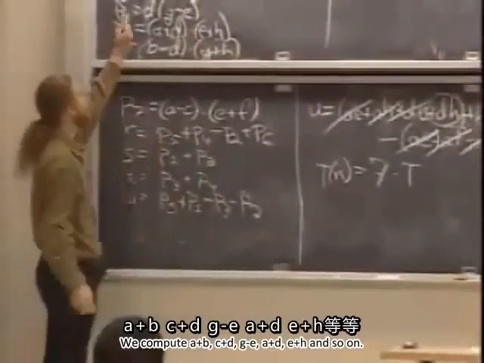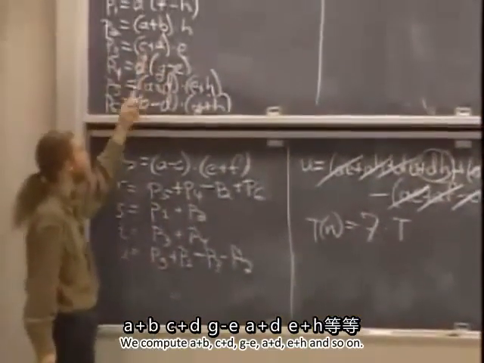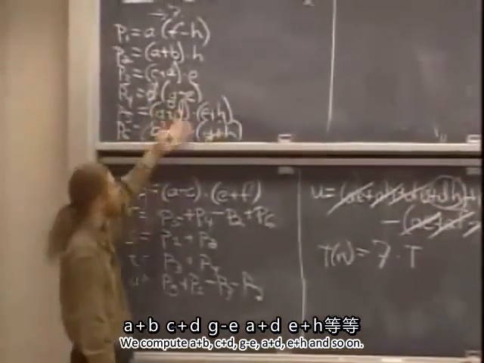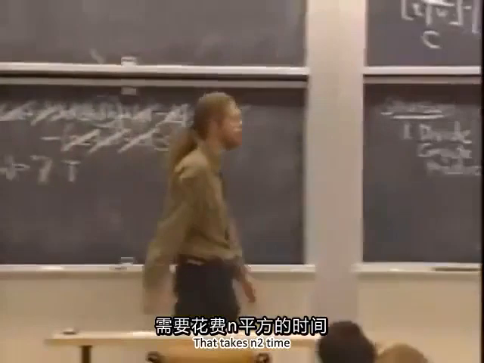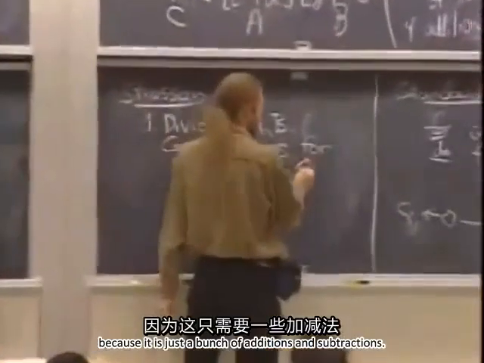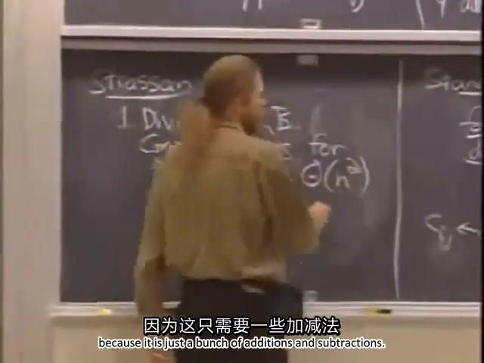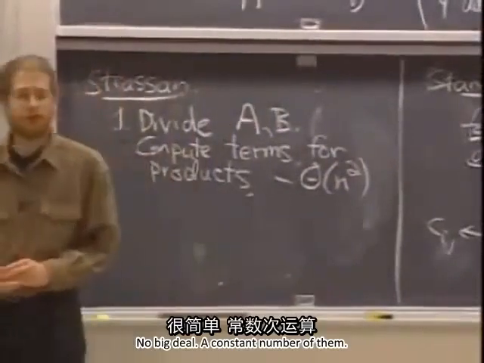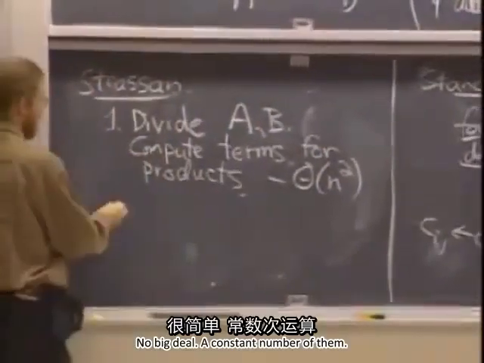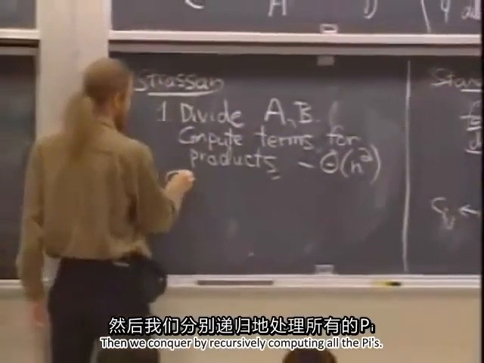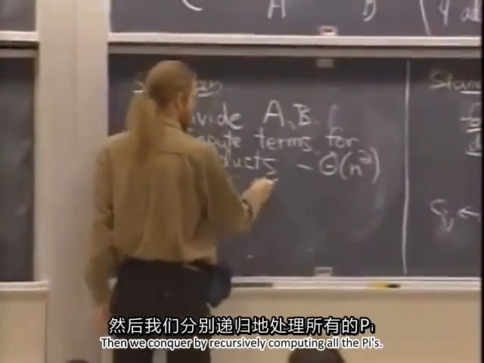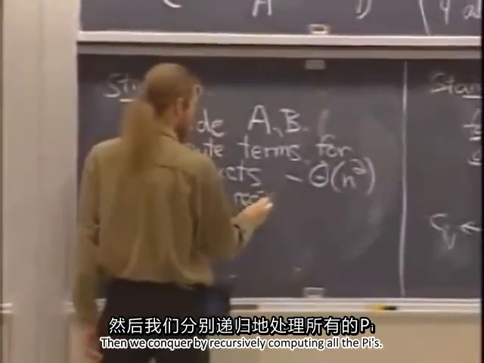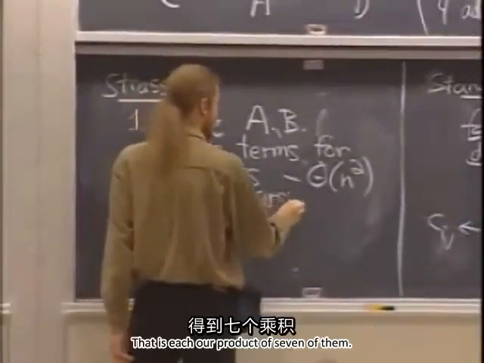We compute A plus B, C plus D, G minus E, A plus D, E plus H, and so on. All of the terms that appear in here, we compute those. That takes n squared time because it's just a bunch of additions and subtractions. No big deal. Constant number of them. Then we conquer by recursively computing all the Pi's.